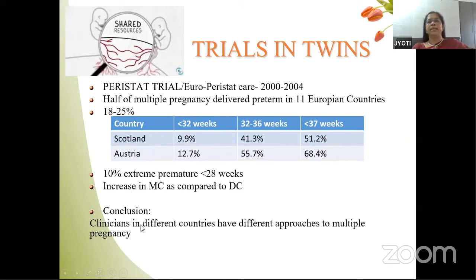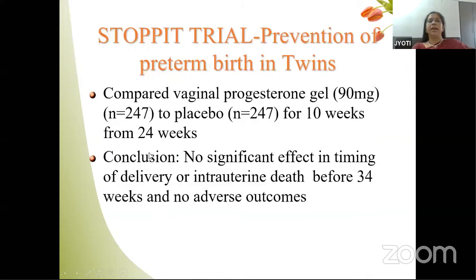And then they said that clinicians in different countries have different approaches to multiple pregnancy. Then there's the STOPPIT trial where they wanted to prevent preterm labor in twins, and they gave vaginal progesterone gel to 247 and placebo to the others. For 10 weeks from 24 weeks, they found that there's no significant effect on timing of delivery or IUD before 34 weeks or adverse outcome.